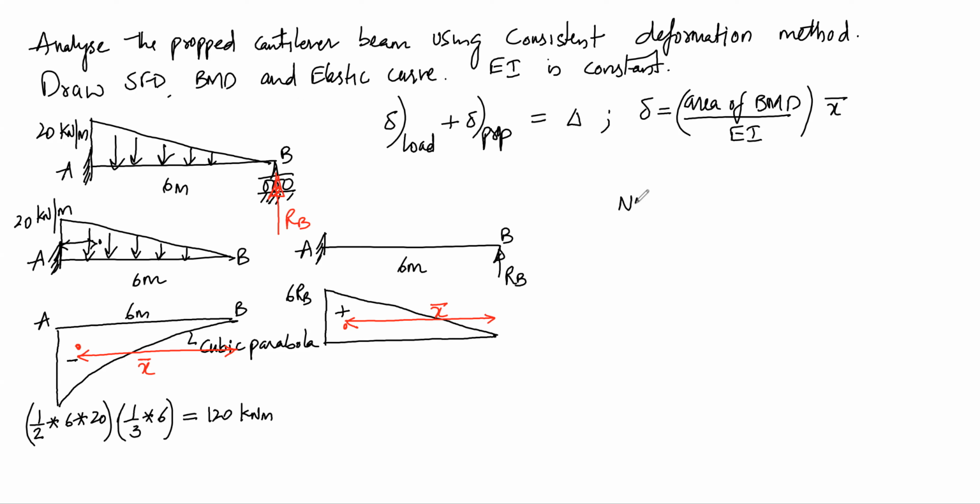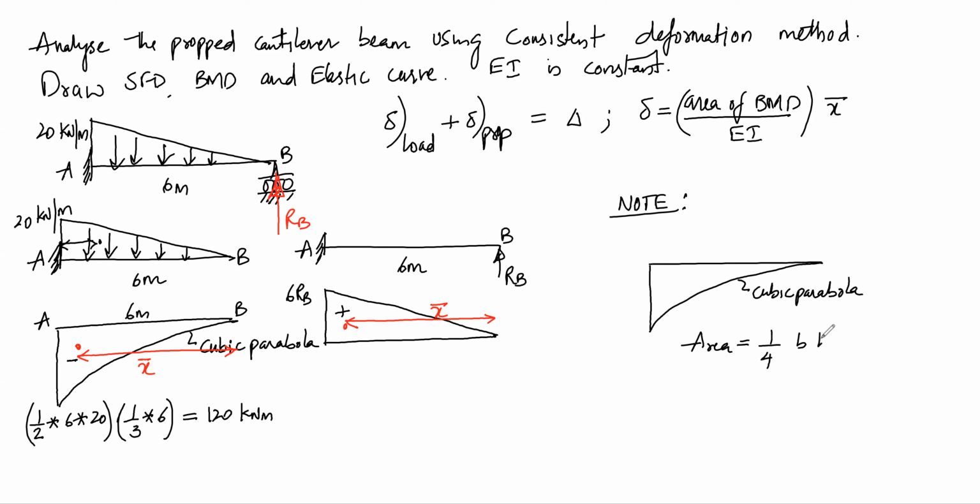So here it has to be noted, when you have a geometric shape of this fashion, this being a cubic parabola, the area is given as 1/4 of base into height, this being the base and this being the height, and the centroidal distances will be these distances.